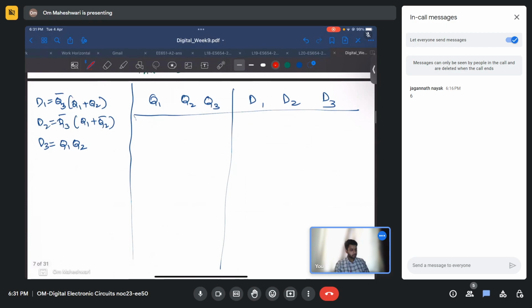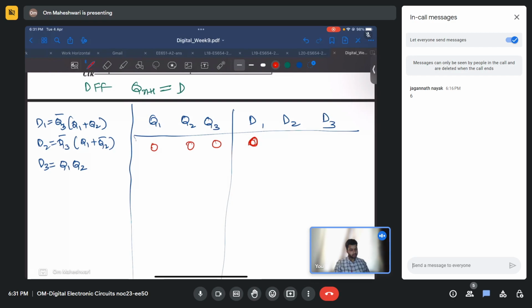Then for the next state, we first need to find the D's, D1, D2, D3. D1 is Q3 bar times (Q1 plus Q2). Q3 bar is 1, Q1 plus Q2 is 0, so it will be 0. D2 is Q3 bar times (Q1 plus Q2 bar).